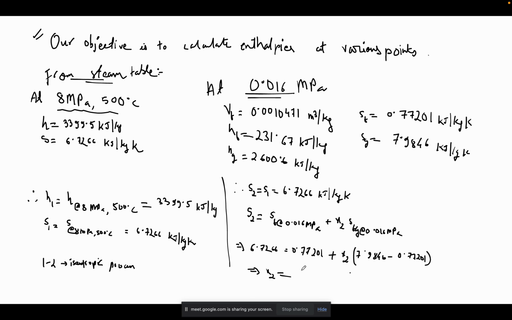So from here I have got x2 equals 0.82. This is the dryness fraction at the level 2.